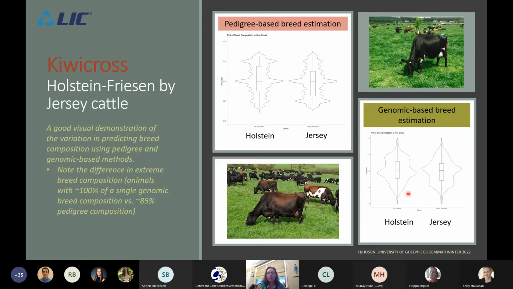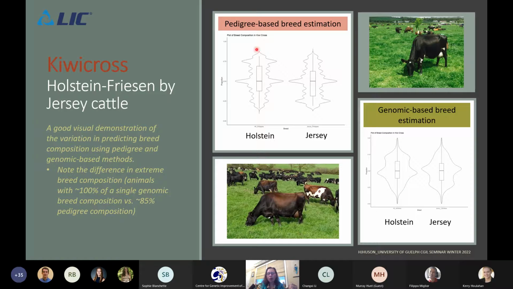Some of our preliminary data on this, I wanted to put up. I know it's not super compelling because it's really just telling us what we know, but I think it's interesting because here we have preliminary data on the Kiwi cross, looking at our breed estimation using pedigree information.